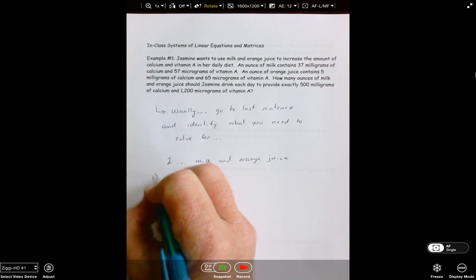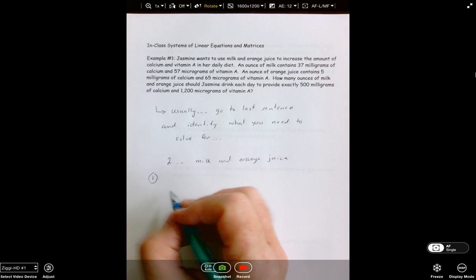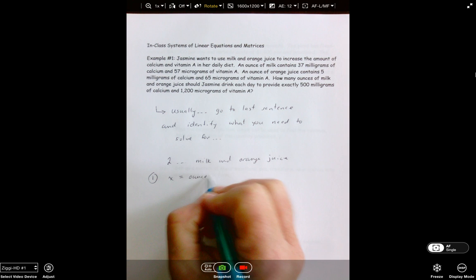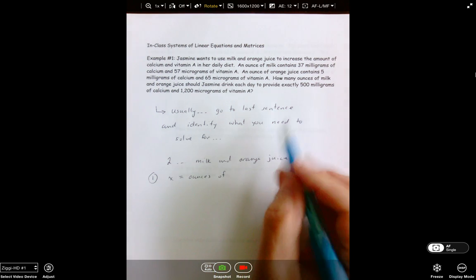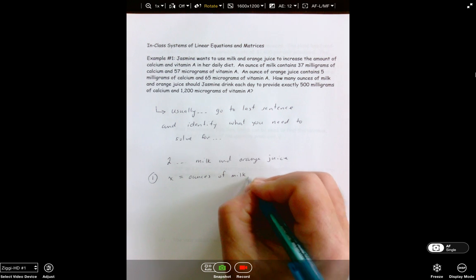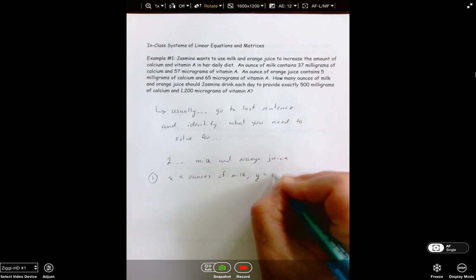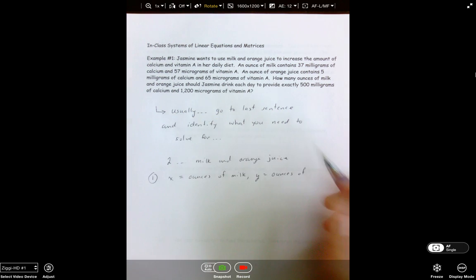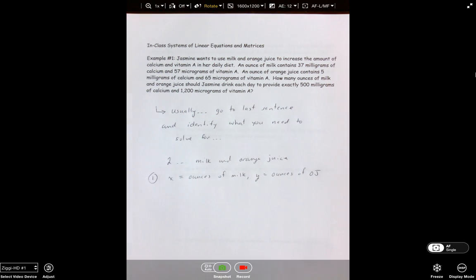So the first thing I'm going to do is identify my variables. I'm going to let X be the ounces of milk, and I'm going to let Y be the ounces of orange juice.